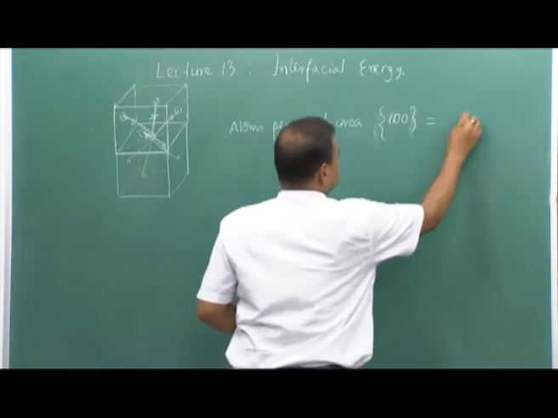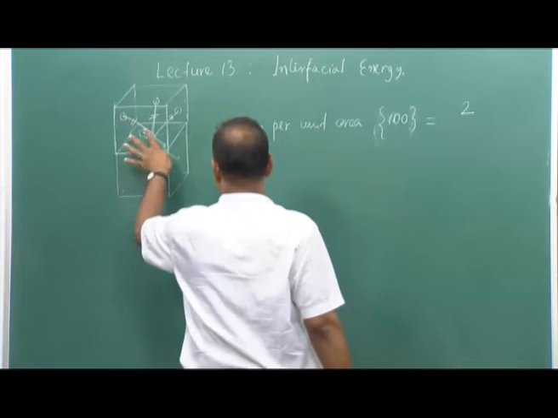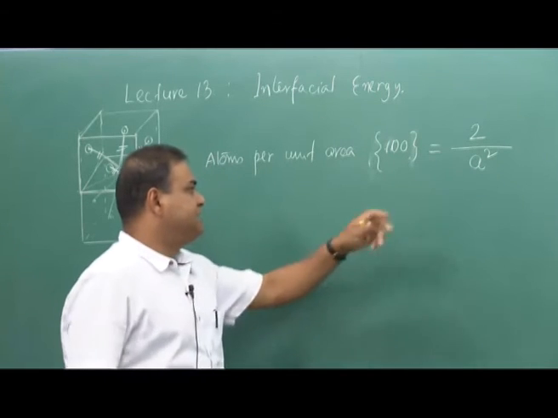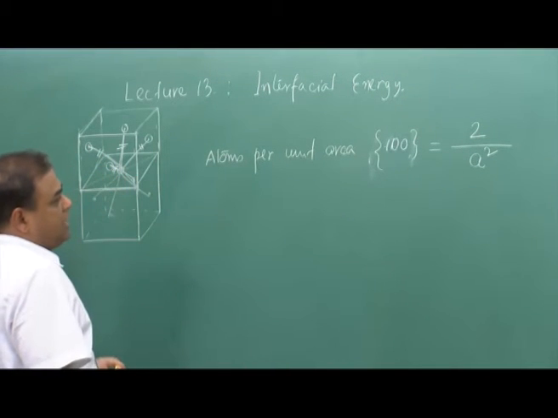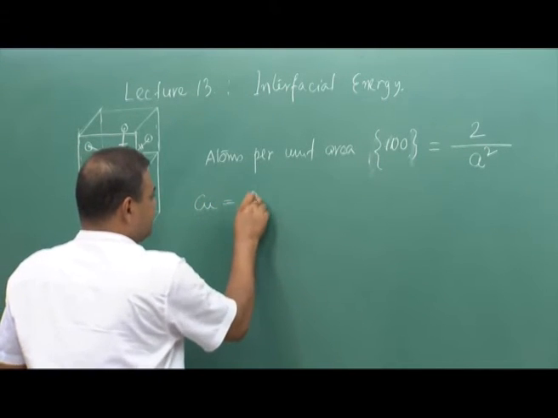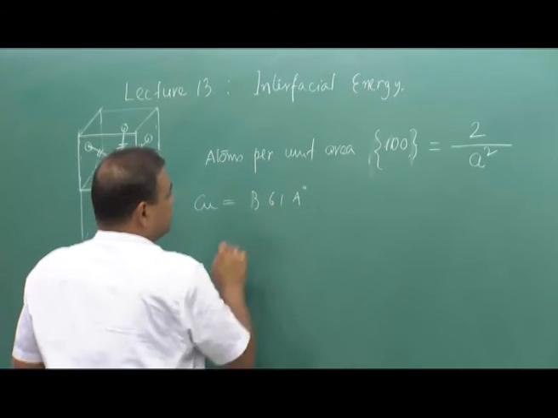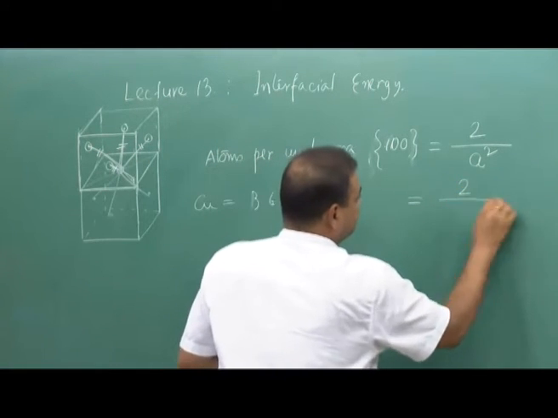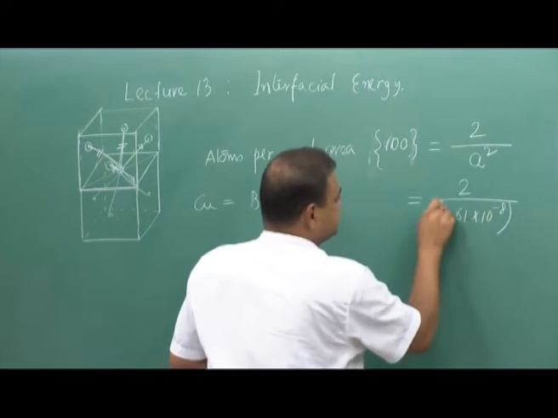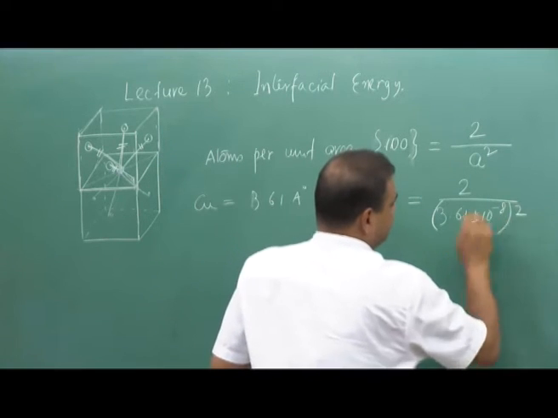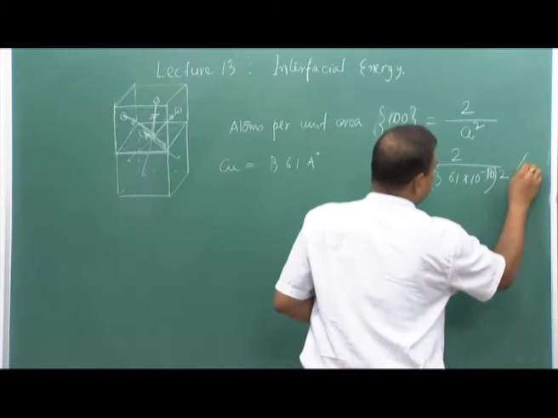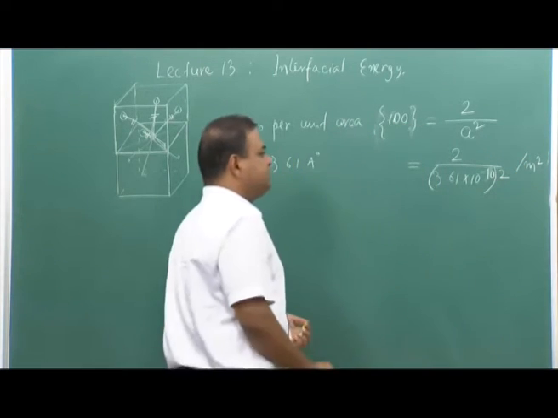It is basically the number of atoms projected on that plane divided by the area of that plane, where a is the lattice parameter. In case of copper, the lattice parameter was 3.61 angstrom. So it comes out to be 2 divided by (3.61 into 10 to the power minus 10) square, per meter square. So, these many atoms will be there.